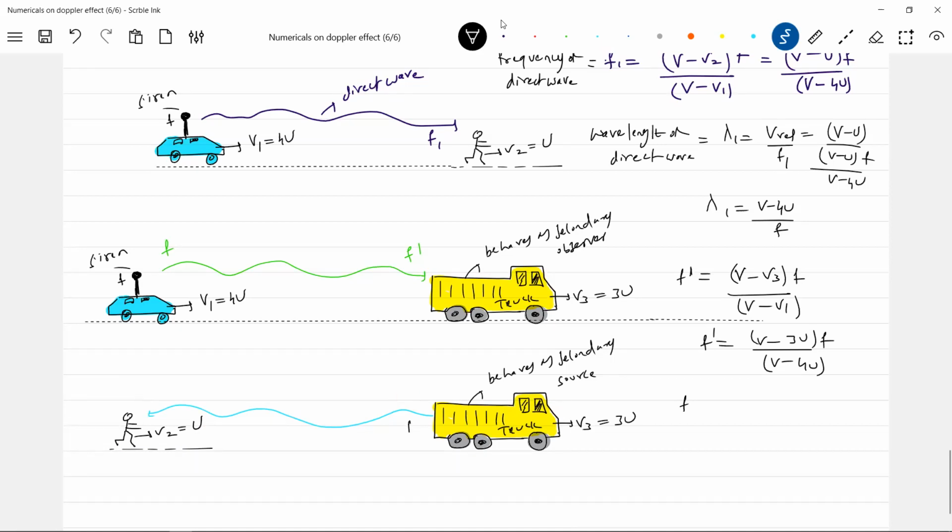This is F dash, and this is F2. This is the reflected wave. Got the idea? So shall we go for F2 now?